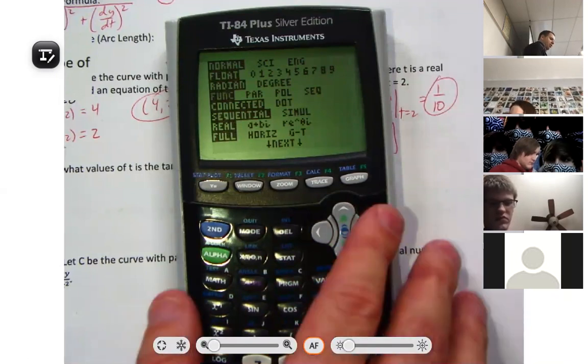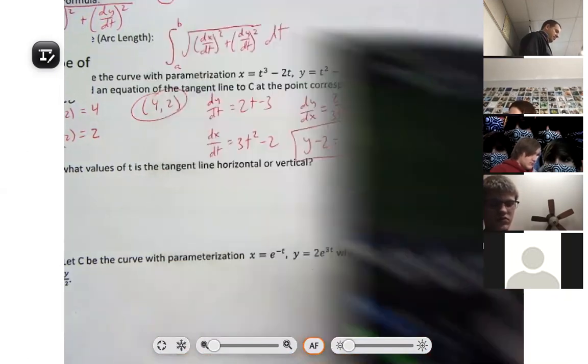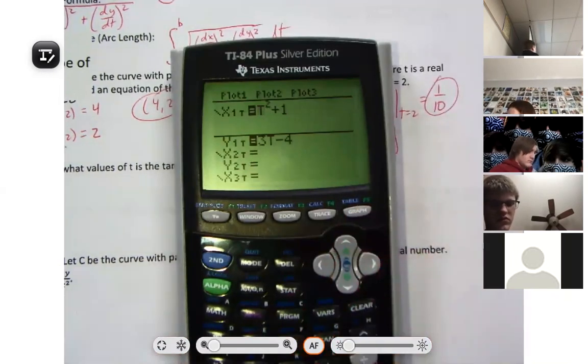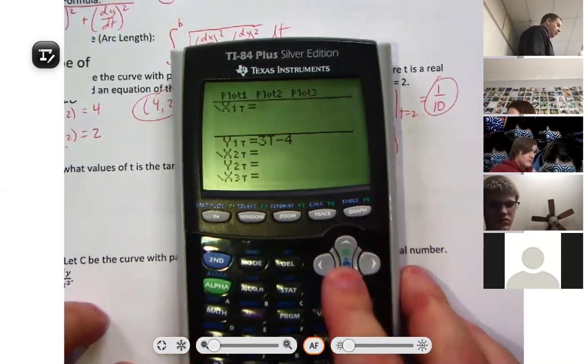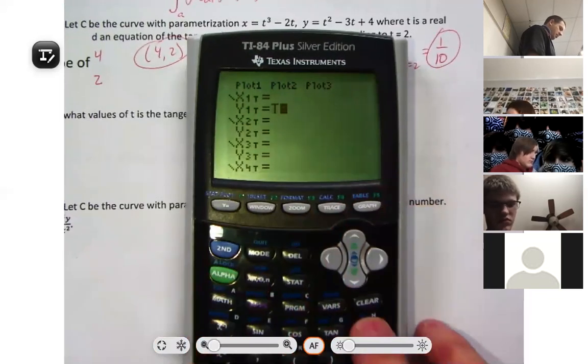If you switch it over to parametric mode, and then you go to y equals, now notice they give you x1, y1 sub t. So if I wanted to put in this particular problem, I'd put in t cubed minus 2t.